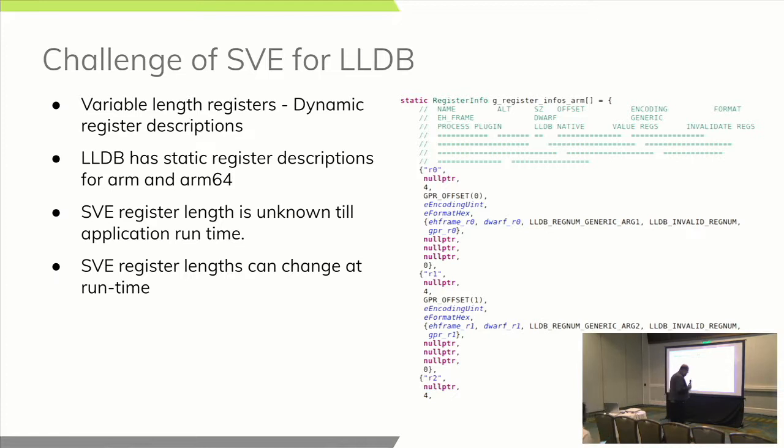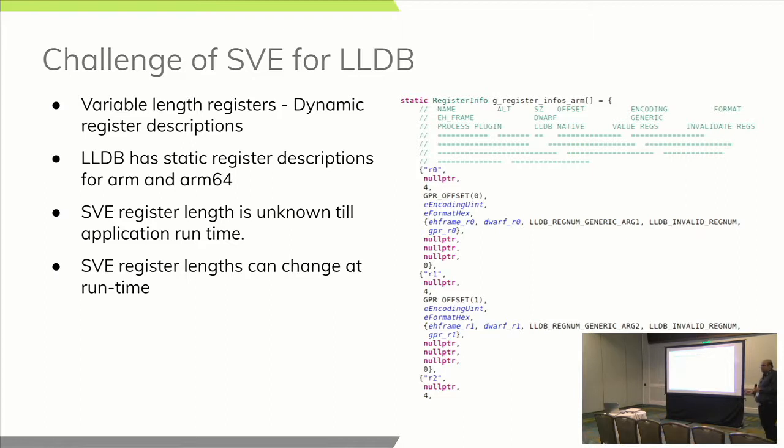Now let's talk a little bit about the challenge of SVE in LLDB. Traditionally, debuggers have been used to targets which don't have size-varying registers. In this particular case, the registers have configurable and varying size. This means that at the start of a debugging execution, you don't actually know which configuration is currently running.